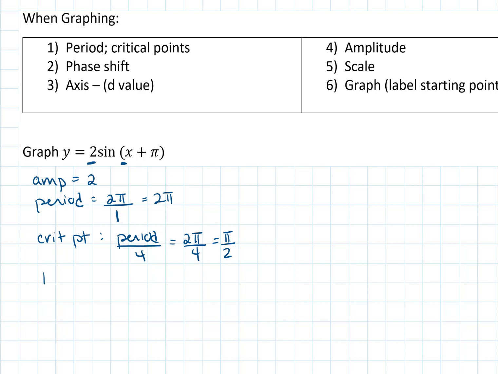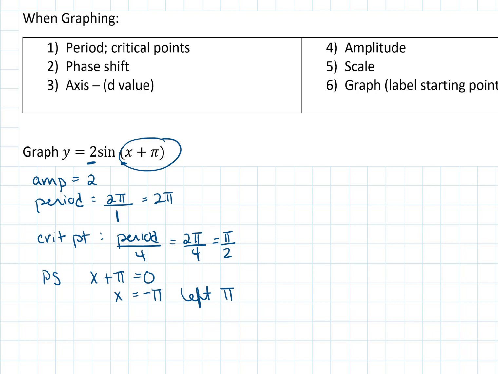And our phase shift, we take what's inside the parentheses, which is x plus pi, we set it equal to 0. Because it's negative, that means that our graph is going to shift to the left by pi.